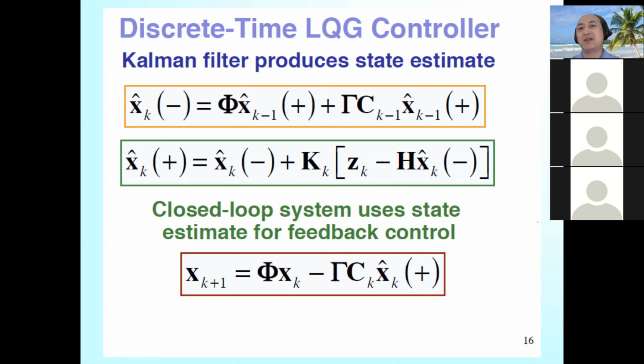For discrete time, we have a similar format. Sometimes they use this minus term and plus term. So what does that mean? I have a k in here.